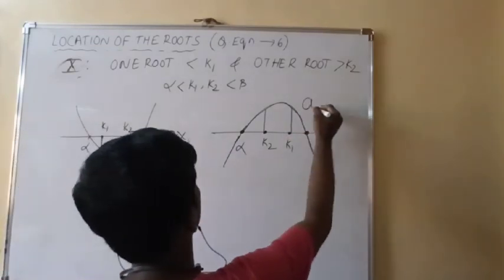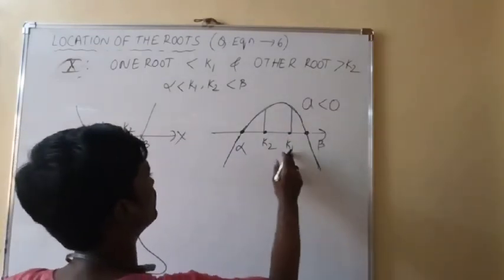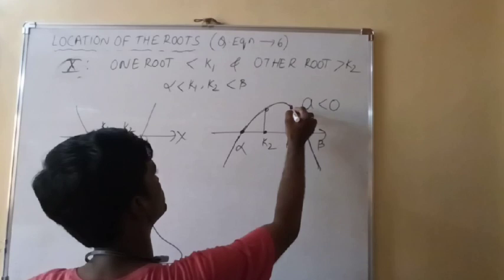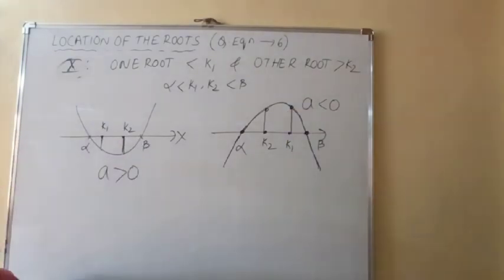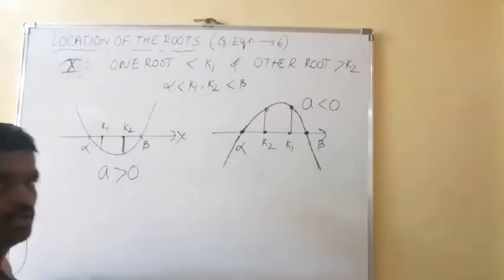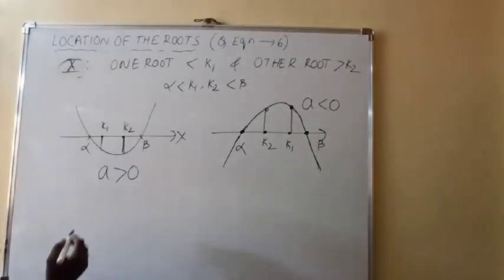When a negative, at k1 and k2 the graph is above x-axis, so f of k1, f of k2 positive. That means from these two cases what we can conclude: a and f of k1 are of opposite sign, a and f of k2 are of opposite sign.